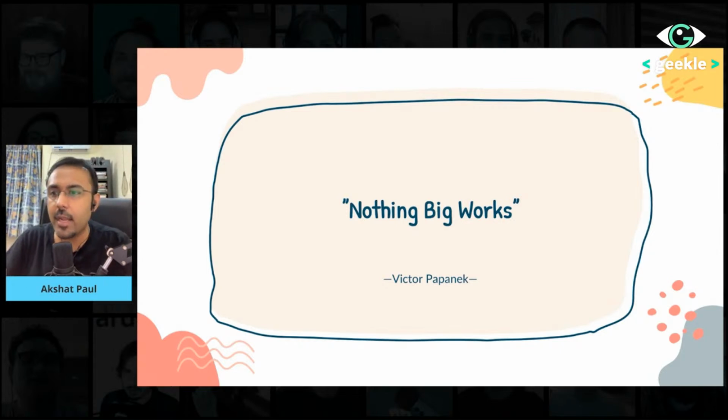You can check it out, and it's not just limited to software, but actually design principles in general. So it says nothing big works, and that's exactly, in a long story short, the definition of microinteraction.